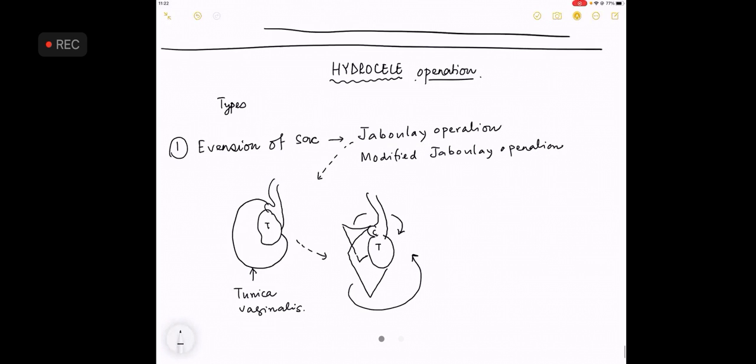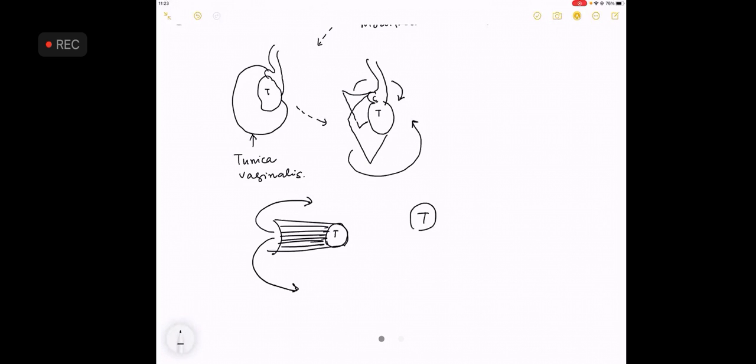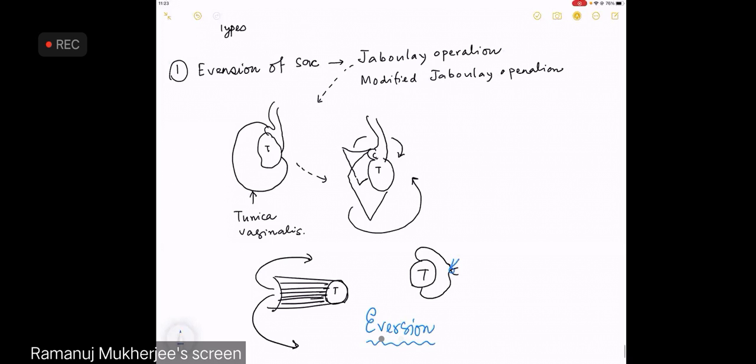So the basic thing is that if it is a book-like structure, the next time you are looking into a book, just open the book and this can be the testes, and the basic philosophy of this operation is that the tunica vaginalis is taken behind the testes and you are going to put a simple stitch. Bas. So this is technically called eversion of the tunica vaginalis. So this operation is also called Jaboulet's operation.